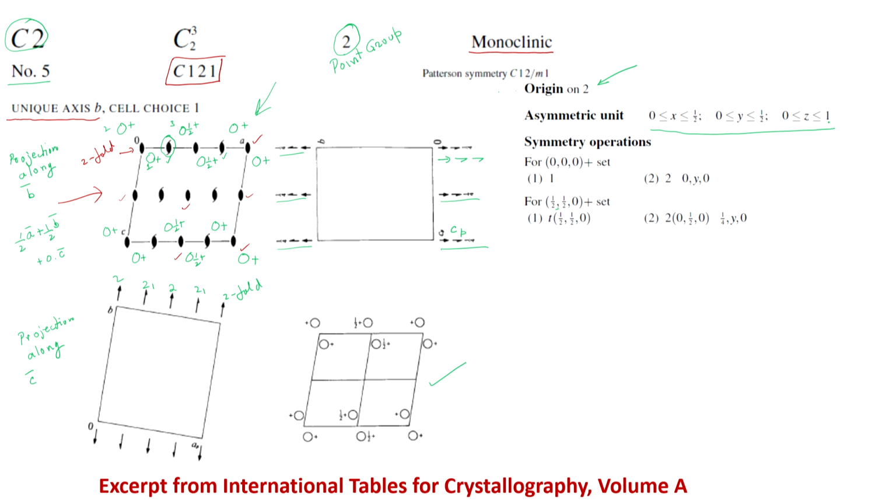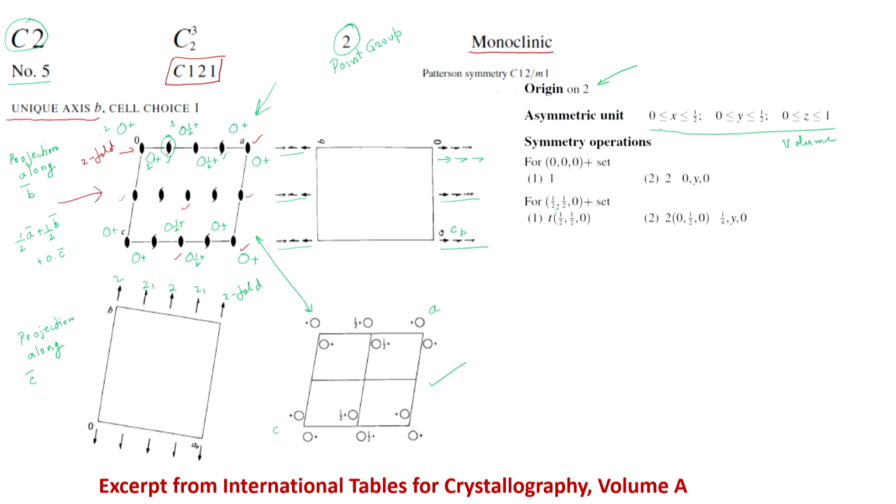In the case of plane groups, the asymmetric unit was an area. In this case, this is a volume element in the space group. So, if I have to identify the asymmetric unit, these two have the same axes. So, this is C and this is A. C is along Z, so Z varies from 0 to 1.